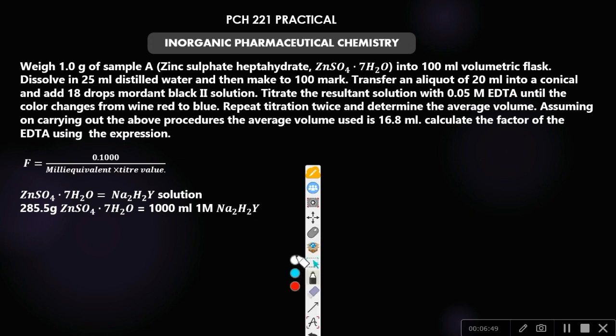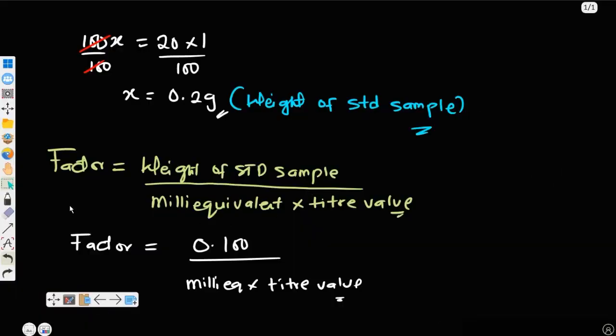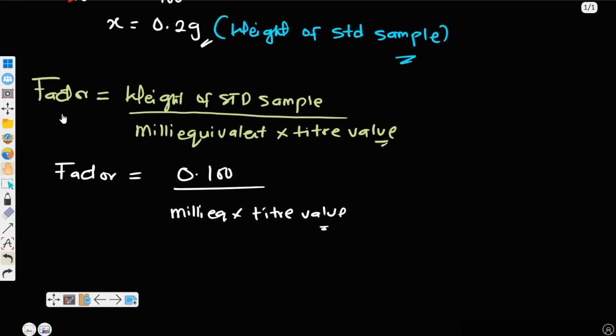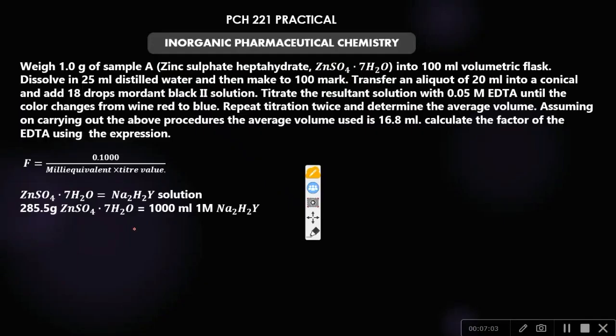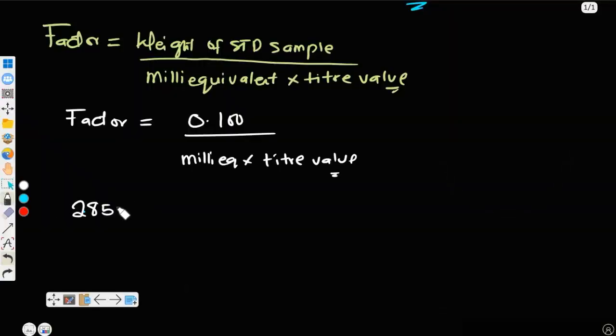So what we are going to do now is to write this: 285.5 gram of zinc sulfate heptahydrate is present.